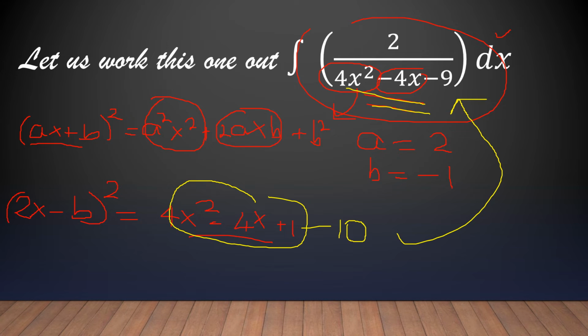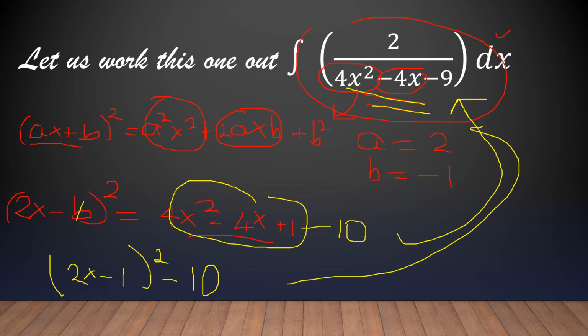Because that is true, we can write our equation down here as 2x minus b, which is 1, remember, squared, minus 10. So that's our new equation here.